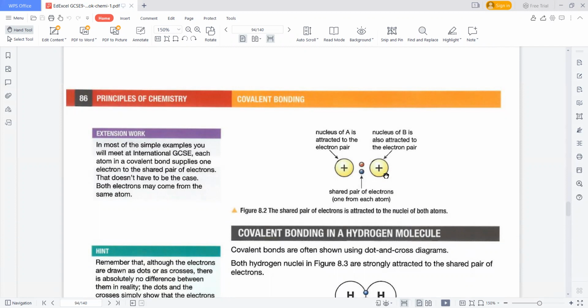The electron present in the outermost shell of element B will attract the positive charge of the nucleus. That is how this attraction is made possible.